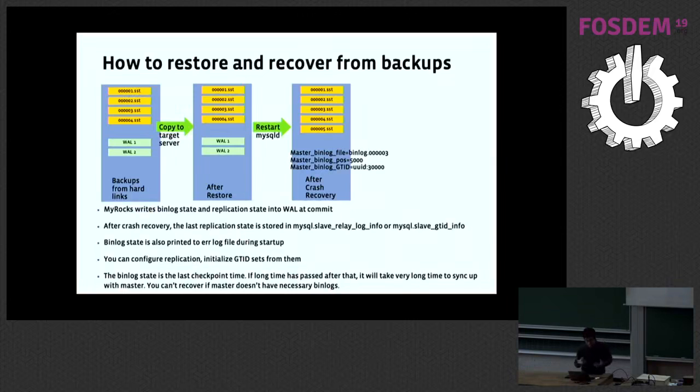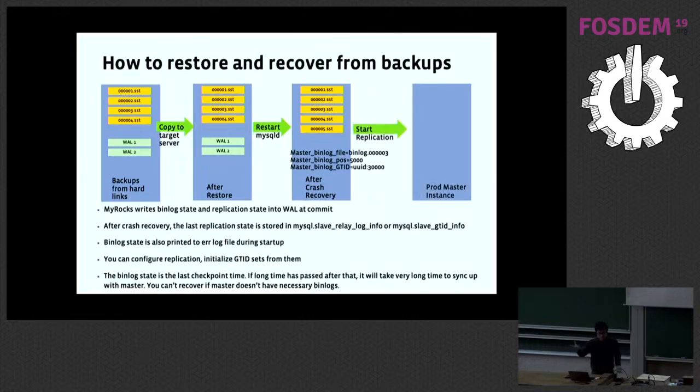By using this information, you can figure out from which GTID position to start replication from a master. So MyRocks stores all necessary information of the replica and replication, so you can configure GTIDs based on that.